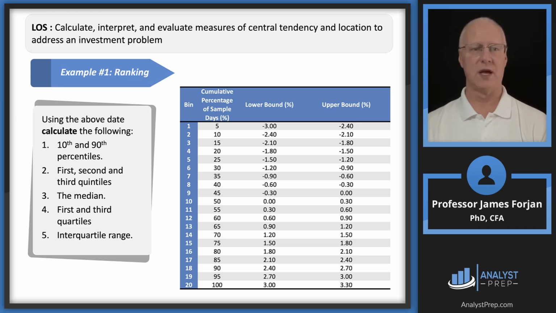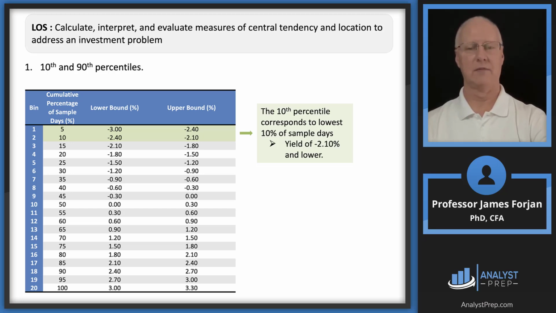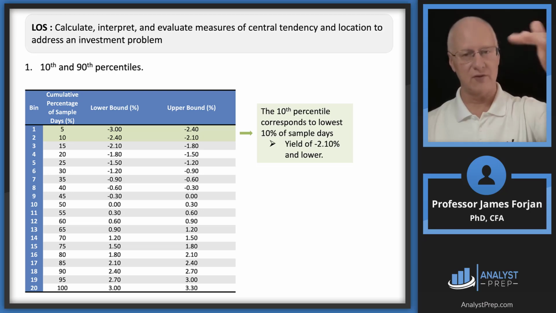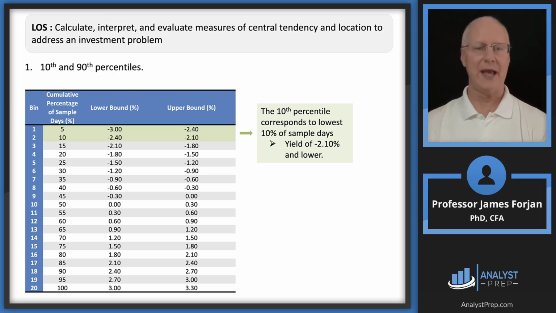All right, so let's do the 10th and the 90th percentile. All we're going to do, we've got 20, right? So that's 10 percentile. And so all we're going to do is take the upper bound, what is that, a minus 2.1%, and lower, that would be in the 10th percentile. So when I hit the down arrow here on my keyboard to get the 90th percentile, what you're going to see is the green coloring goes all the way down to the 18th bin.